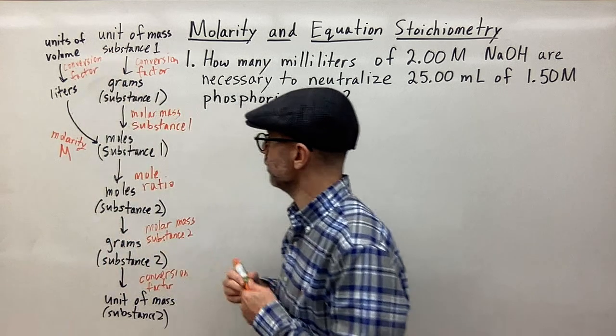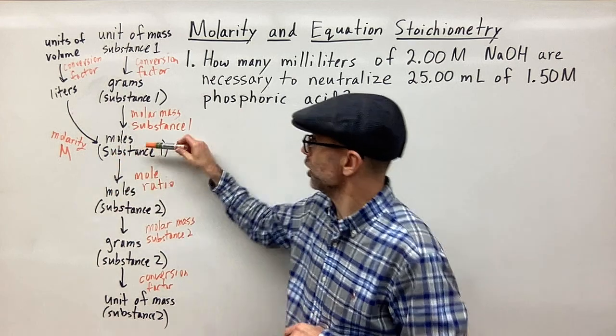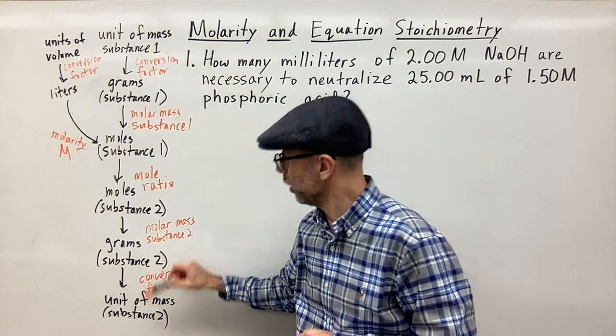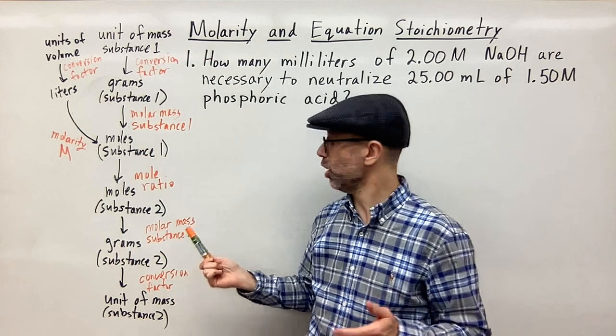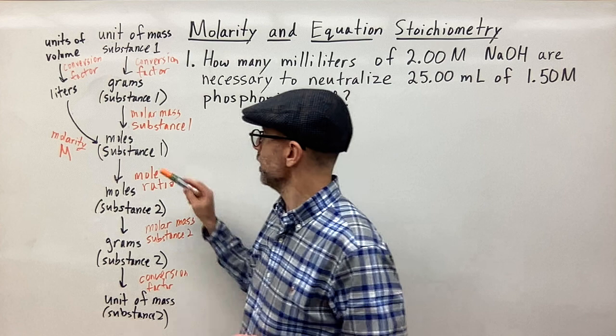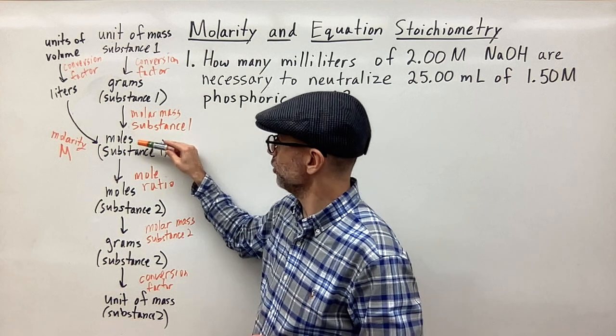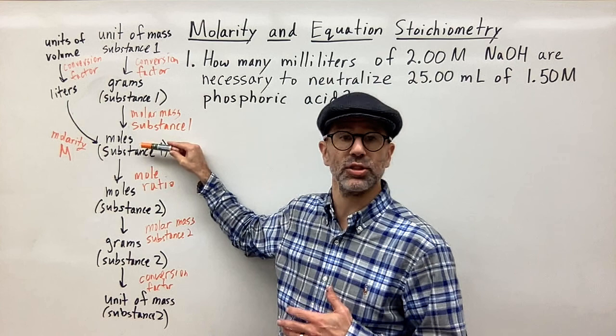And now you're on the main highway. Once you get to moles, you can go this way or that way, wherever you need to go, and you can get off the highway again. The important thing is that now that you're at moles, you can use the mole ratio to convert from one substance to the other.